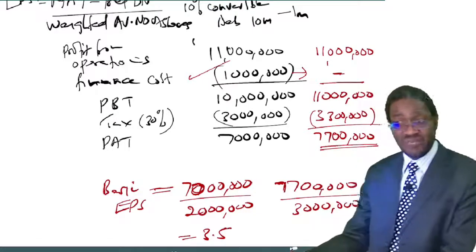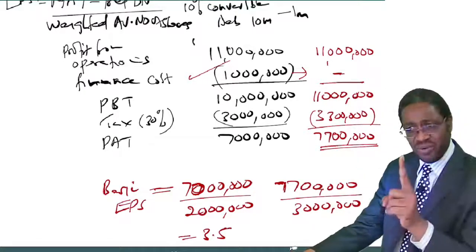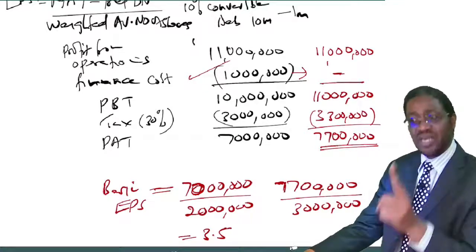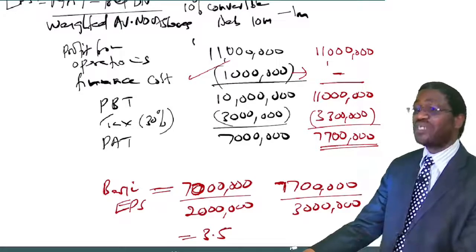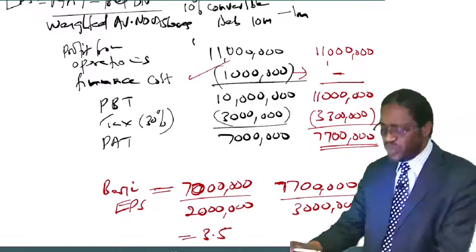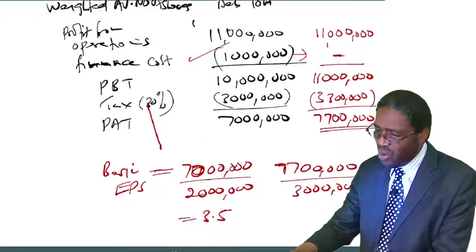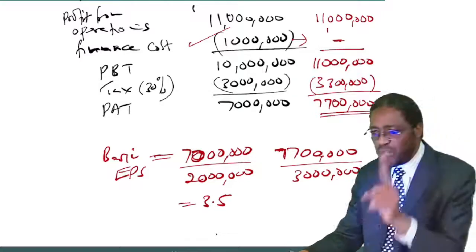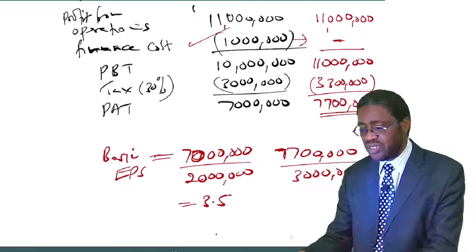Listen to this now. It means, therefore, if the debenture holders had converted their debentures into ordinary, our earnings per share would no longer be 3.5 as it is currently. It will be how much?